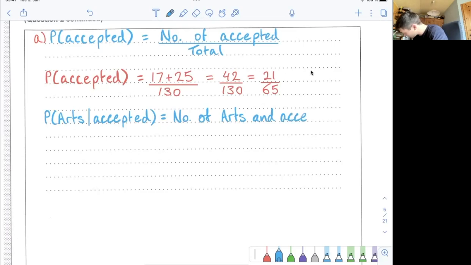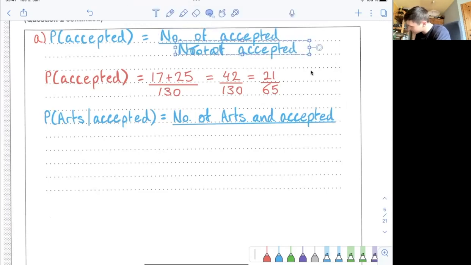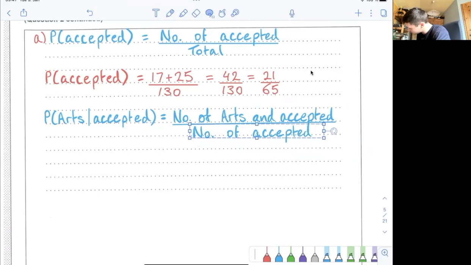Yeah, we'll write it like that. Okay, divided by the total number of accepted applicants, which we'll just take here.